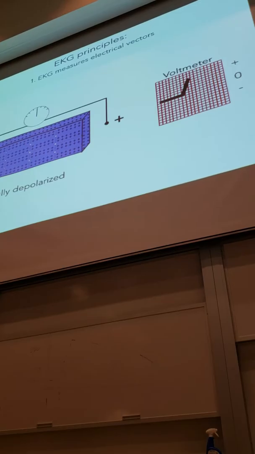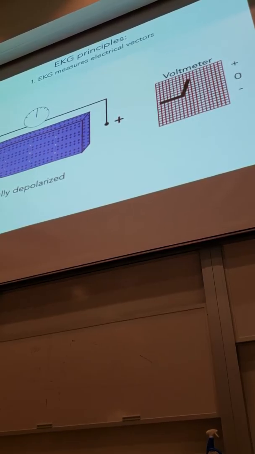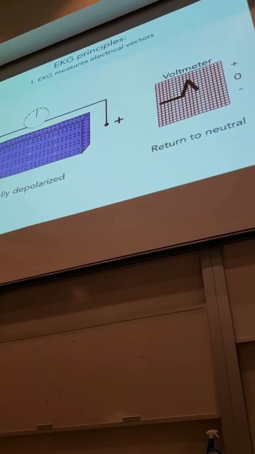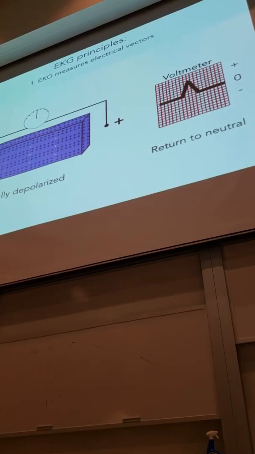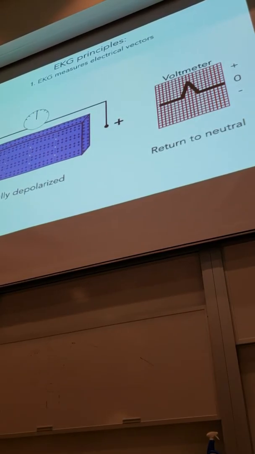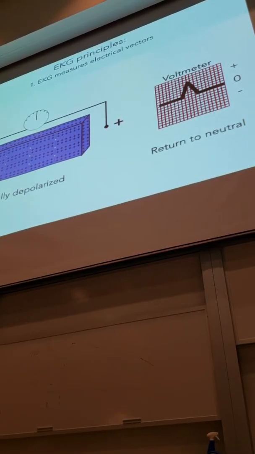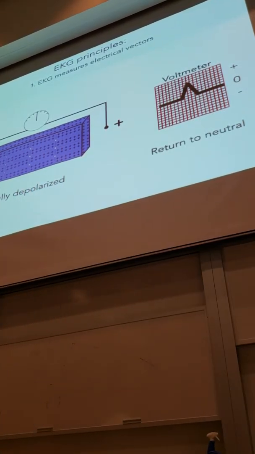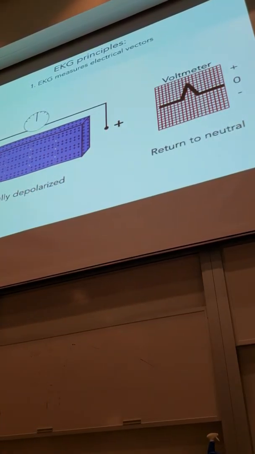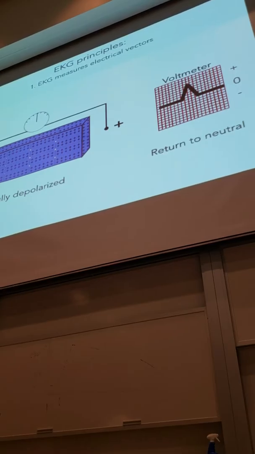So it doesn't go below, it goes back to where it was. It just returns to where it was and everything's fine. So if we looked at a depolarized mass of cells or a polarized mass of cells, it would look the same on EKG. It's the change that we sense. All right, so here it's returned back to normal.